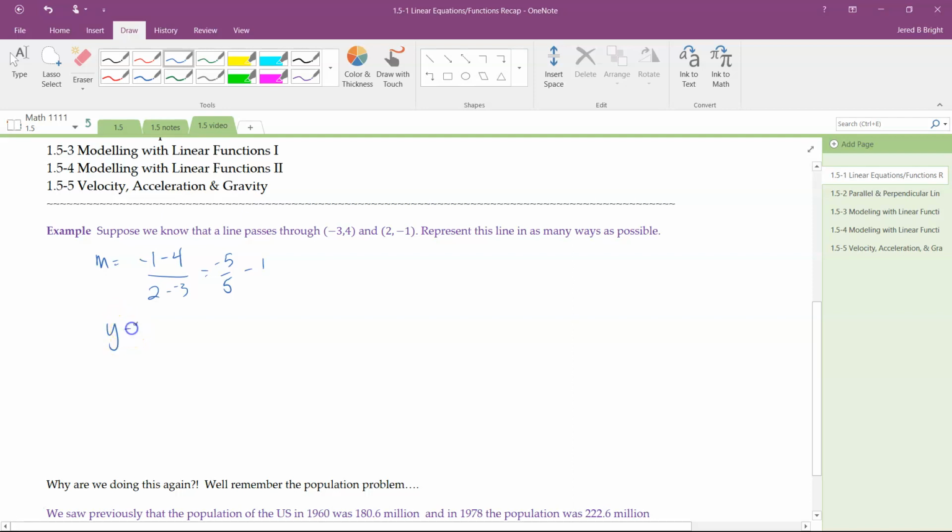So I would do y minus 4 is equal to negative 1 parentheses x plus 3. It'd be a minus 3. Okay, and so this is one representation.